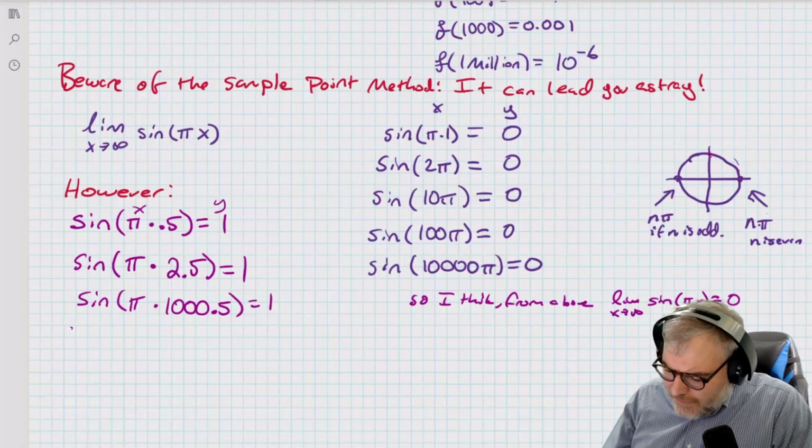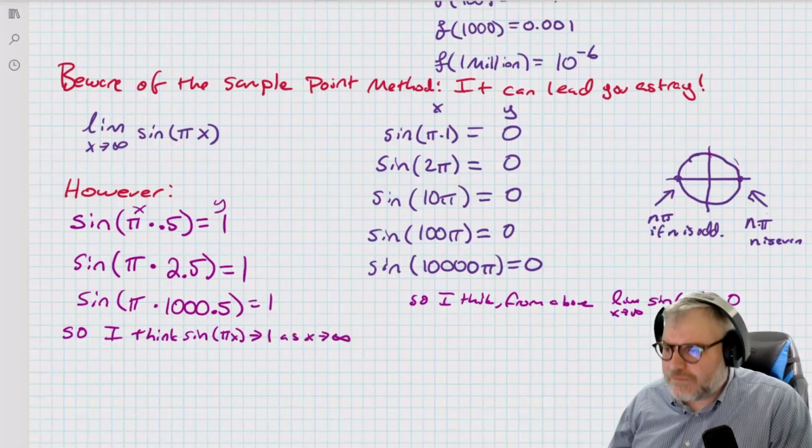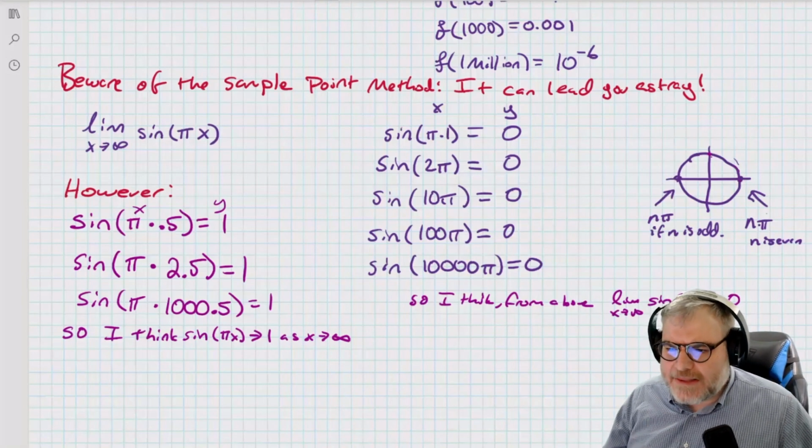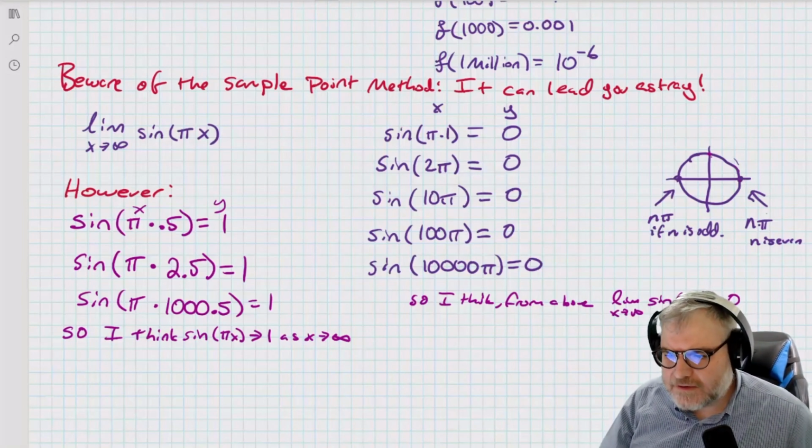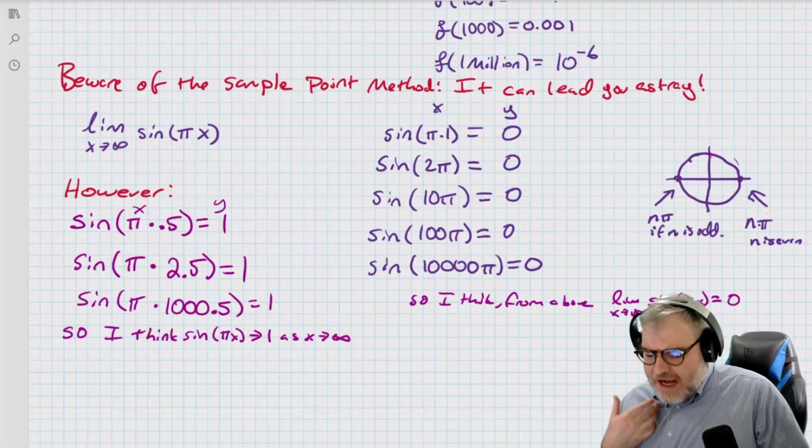But here, I would think, no, I think the sine of pi x goes to 1 as x goes to infinity. Okay? So how do we feel about that, 1 to 5? I'm being led astray.